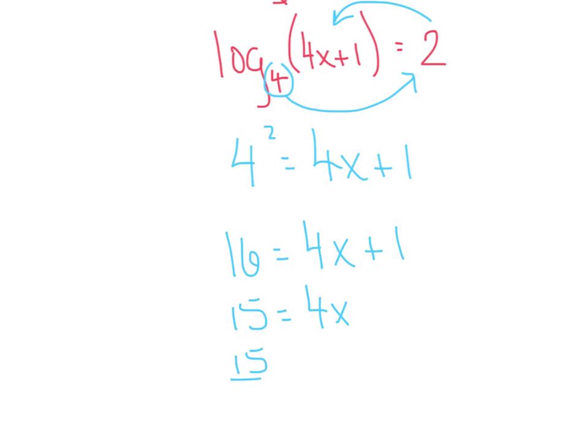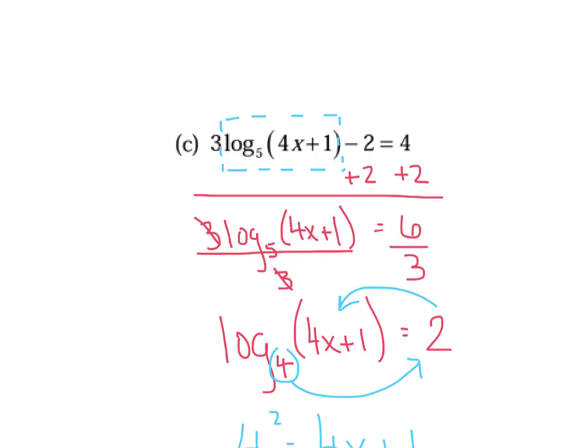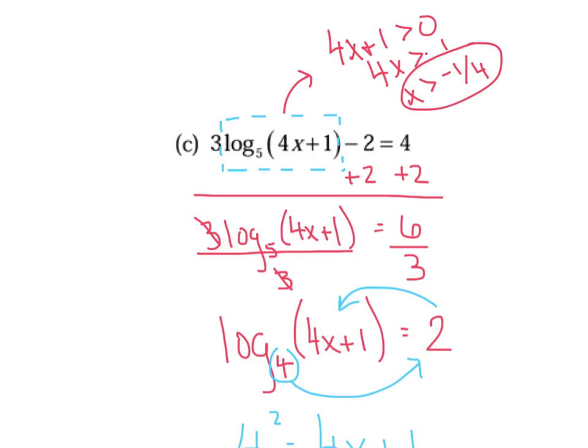Let's go check the domain really quick on that original function. We could say that the inner function, 4x plus 1, had to be greater than 0. 4x is greater than -1, x is greater than -1/4. So indeed, our solution is greater than -1/4, and it's acceptable.